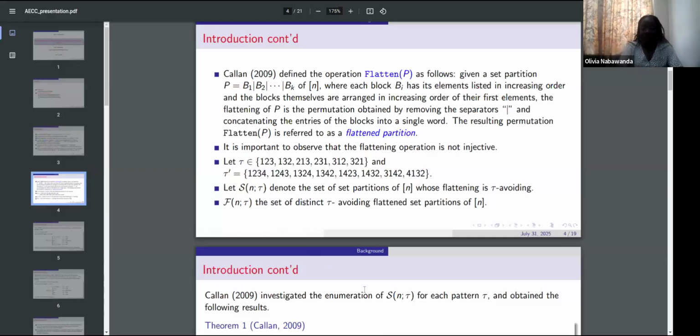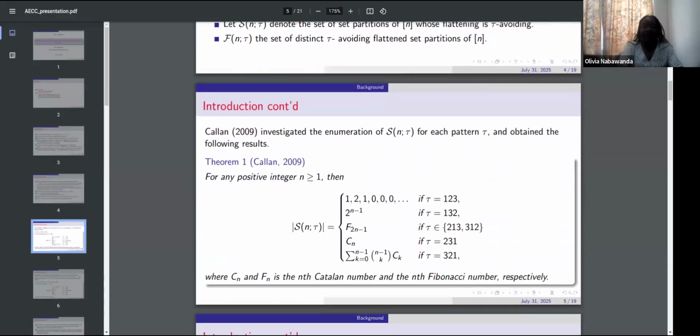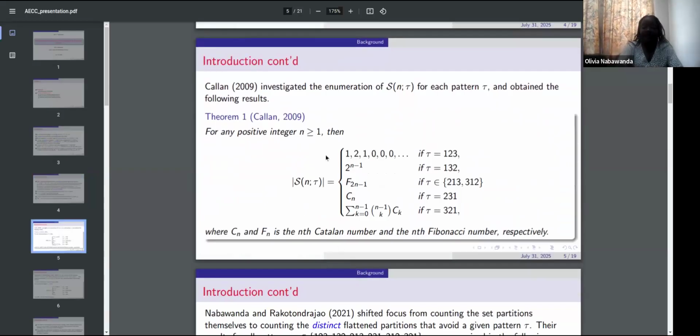And what Catalan did in his work, he investigated the number of set partitions of n whose flattening avoids a pattern tau. Remember, tau, I said these are patterns of length 3. So all Catalan was doing was looking at any set partition, and then he would apply the flattening command on that set partition.